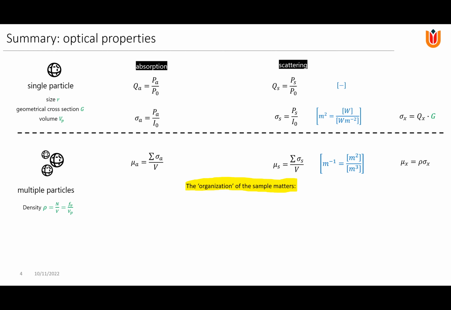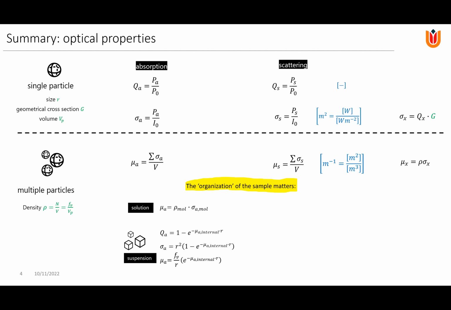But of course, there was a caveat in that the organization of the samples mattered. If we did this thought experiment where we put all the absorbing molecules to one side of the pipette, we got different absorption coefficients than when all the molecules were homogeneously distributed.